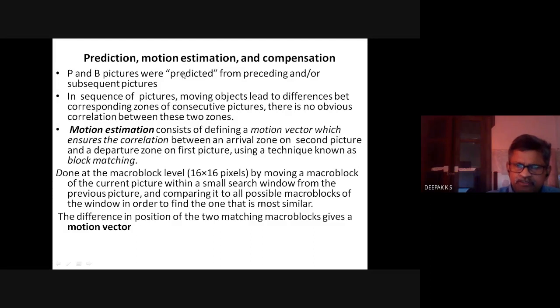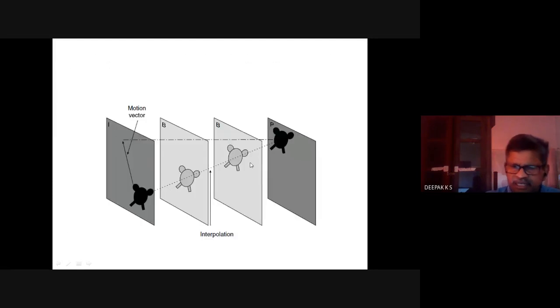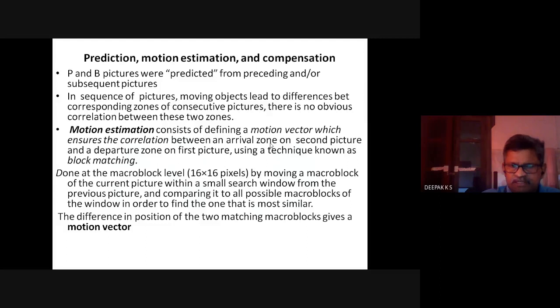So in a sequence of pictures, moving objects lead to differences between corresponding zones of consecutive pictures. So this is the essence. Some object is moving, so here it would be at one place, here it would be at another place, and here it would be at another place. So only that we need to capture actually.